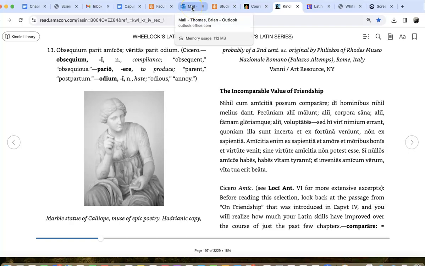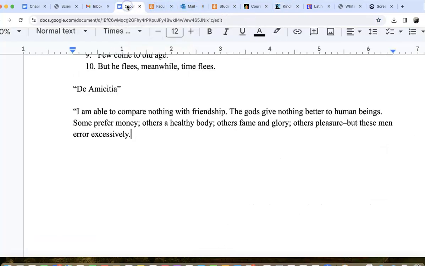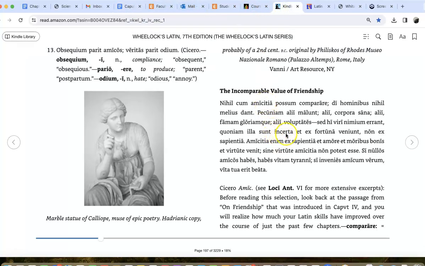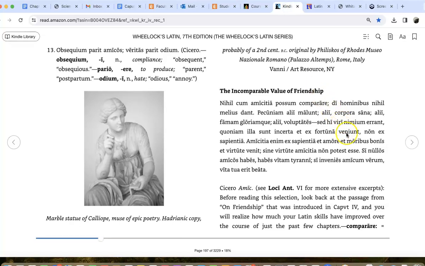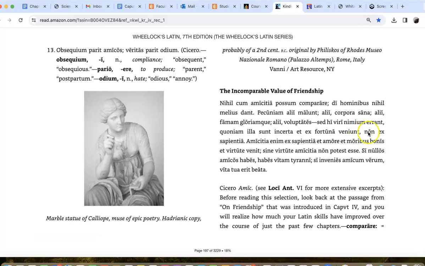Since those things are uncertain and come from chance. Literally from fortune, fortuna. Still, I keep wanting to put end punctuation, but it keeps going here.